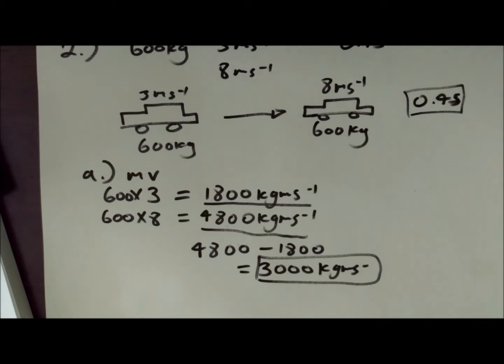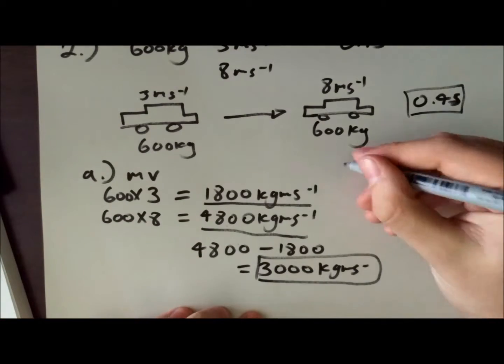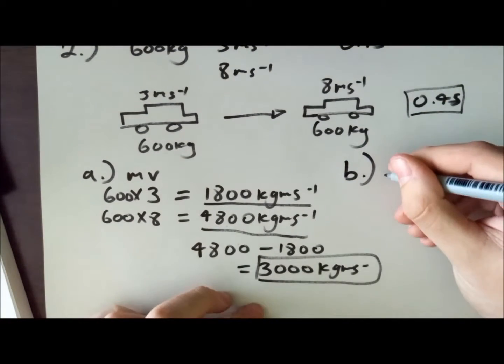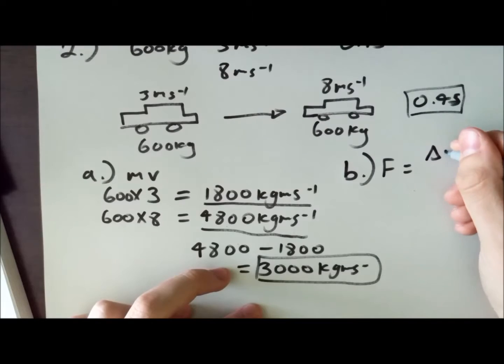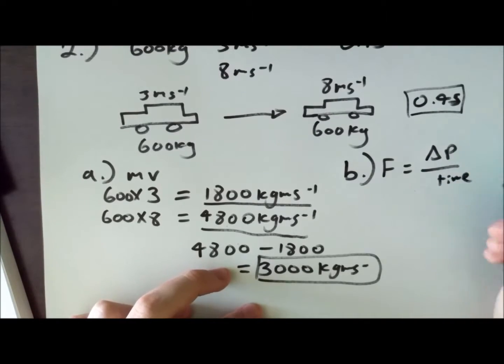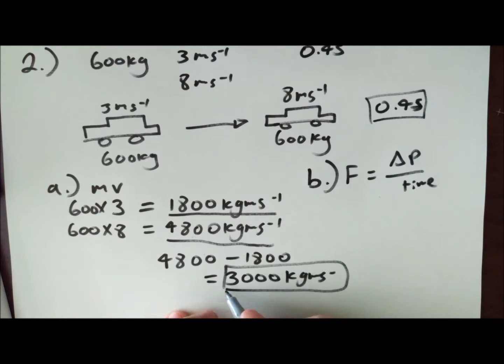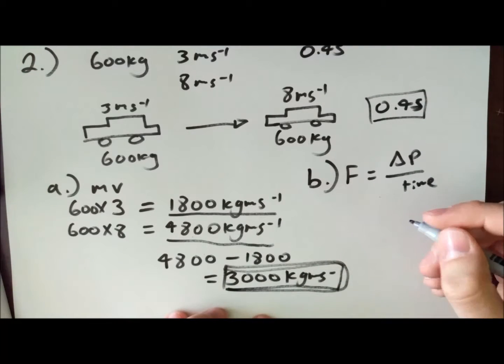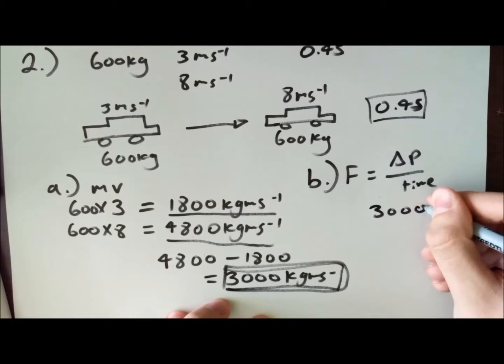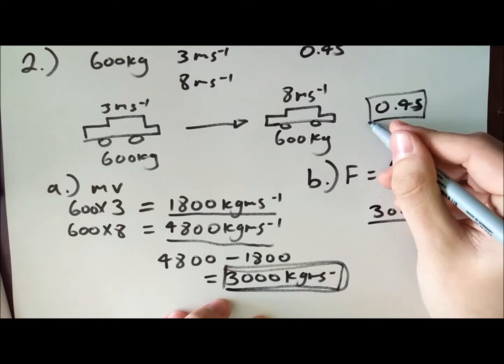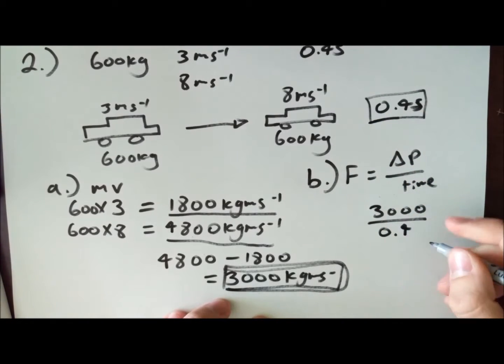Now, to find the impact force in part B, we use F is equal to change in momentum over time. Going to get lots of practice in this. We know that the change in momentum from the previous part is 3,000, and the time taken is given in the question, 0.4.